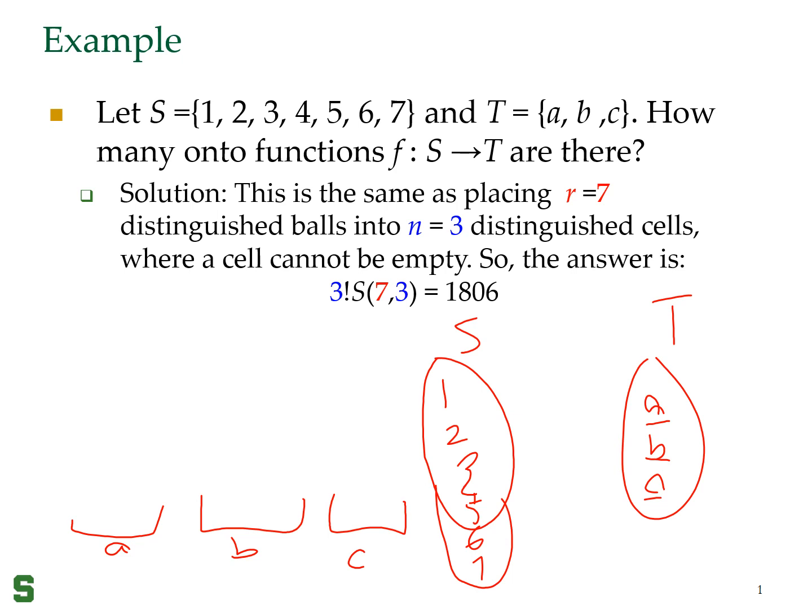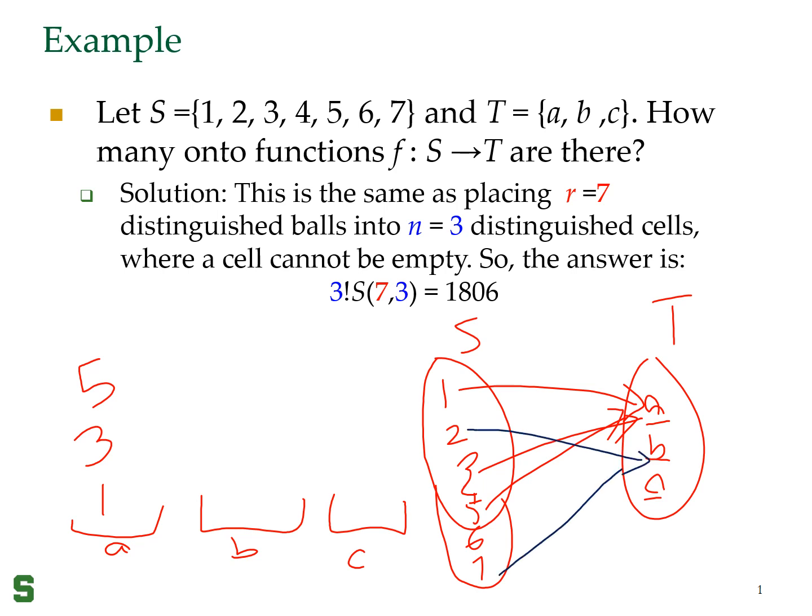And let's say I choose to map 1 to A, 3 to A, and 5 to A, then I'm going to pretend as if I have 1, 3, and 5 in this bucket. If I choose to map 2 to B, say 7 to B, then I'm going to think of this as putting 2 and 7 in this bucket.